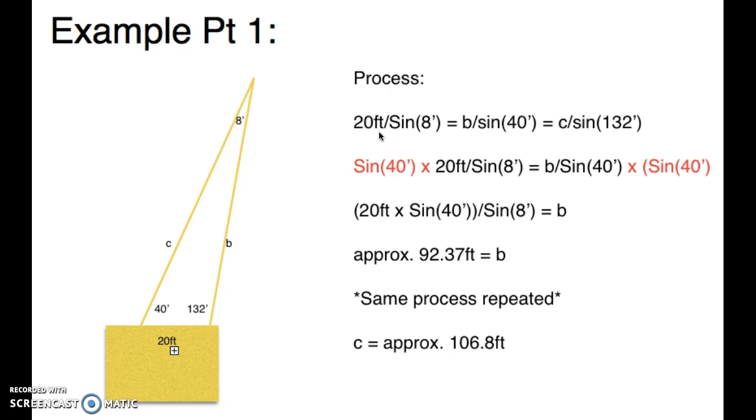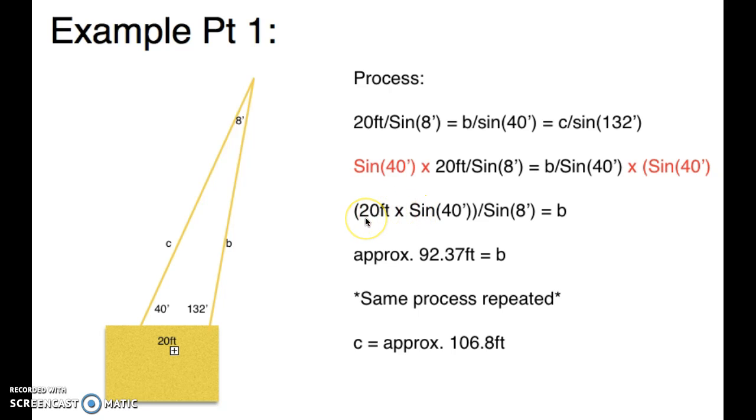With this given, we are going to set up an equation. 20 feet over sine of 8 degrees is equal to B over sine of 40 degrees. In order to solve this, we are going to multiply both sides by sine of 40. That leaves B by itself, and the equation becomes B equals 20 feet times sine of 40 over sine of 8.